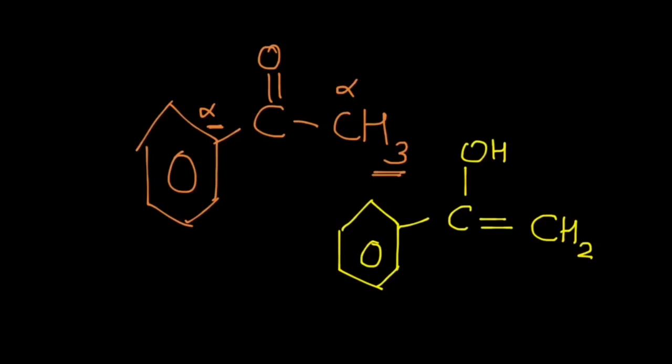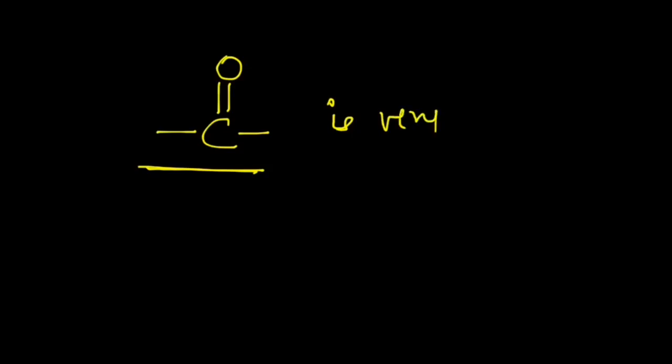Now that we have seen enough examples, let's talk about the relative stability of the keto form and the enol form a little bit. This is a very important rule that you must remember in organic chemistry. The carbonyl group is very stable thermodynamically.